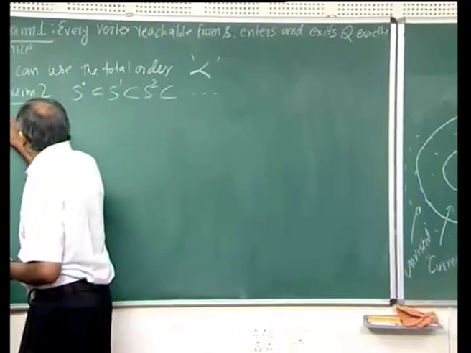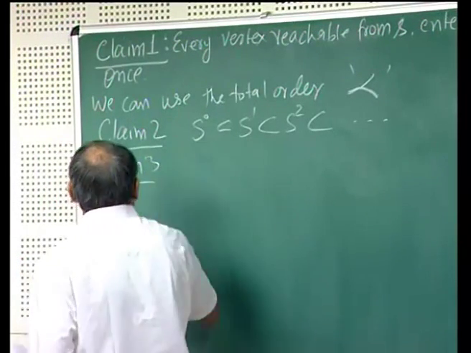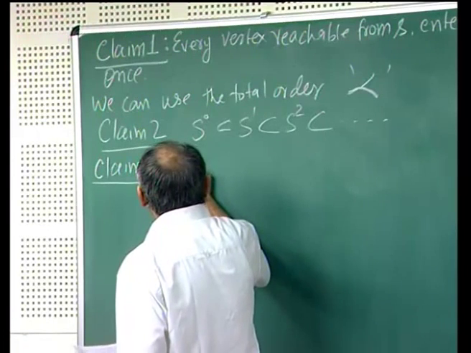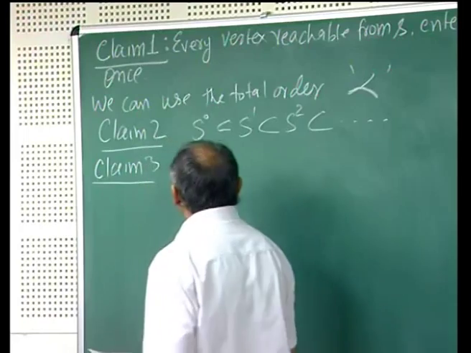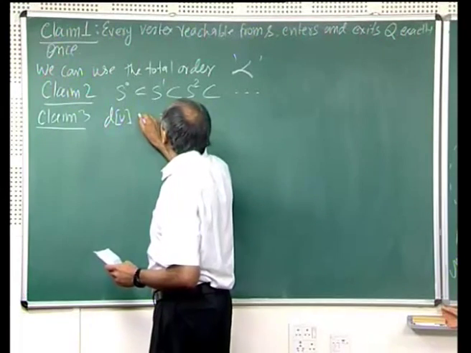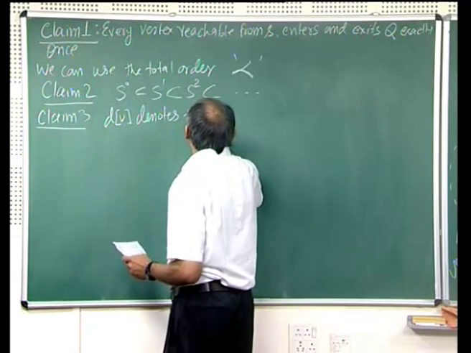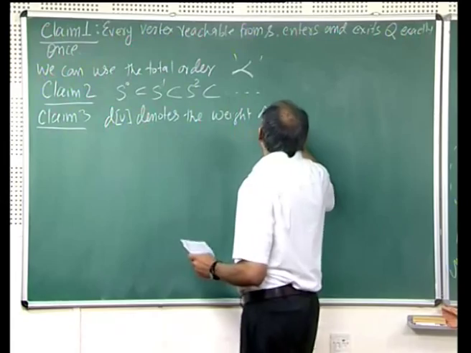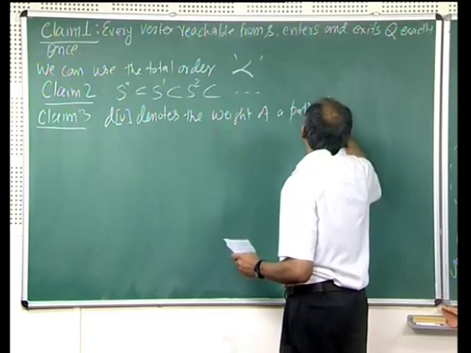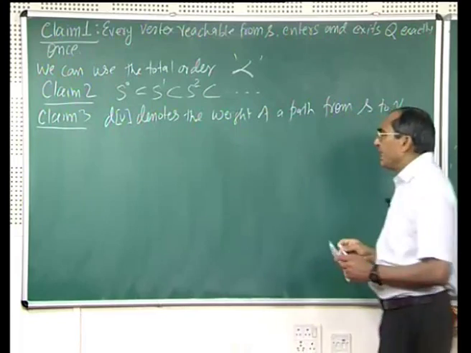Another straightforward claim similar to the earlier case is that d(v) denotes the weight of a path from S to v at any time.